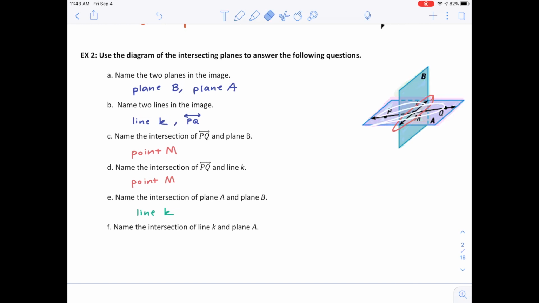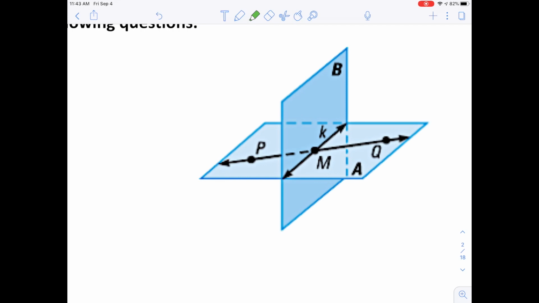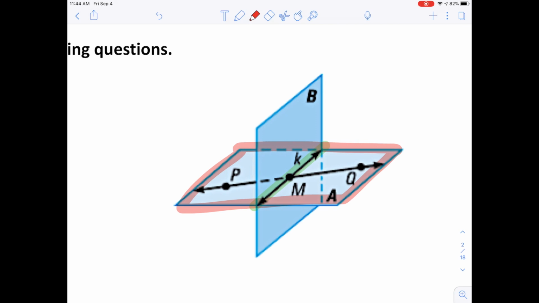Lastly, name the intersection of line K and plane A. So line K is here. Plane A is here. So think to yourself, what do line K and plane A have in common? Well, line K is actually on plane A. Do you see that?